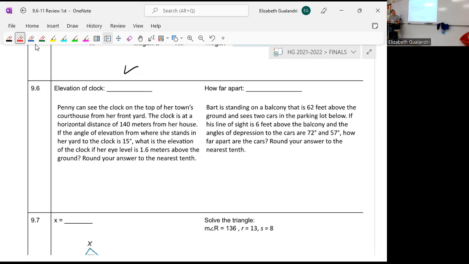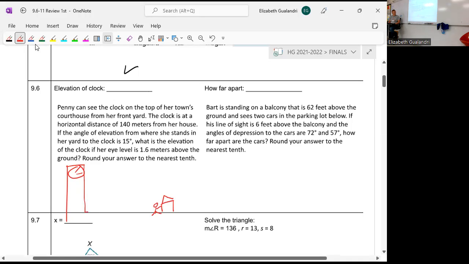So this one says cutting the top of the house from the front yard. Essentially, we have some sort of tower that has a clock on the top. The clock is a horizontal distance of 40 meters away.